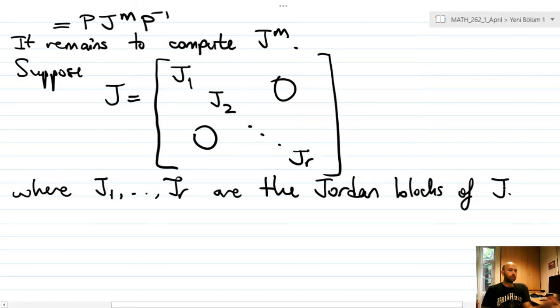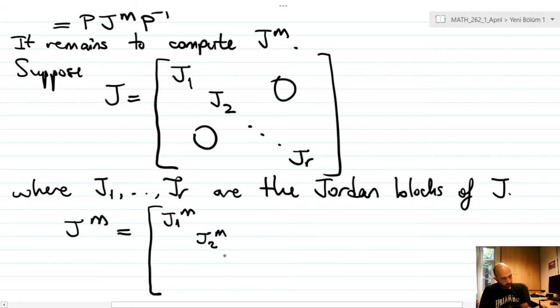Okay, then computing J to the power m is really a bunch of distinct problems of computing the powers of each of these. So these blocks would not interact, and J to the m would be equal to simply J1 to the m, J2 to the m up to Jr to the m.